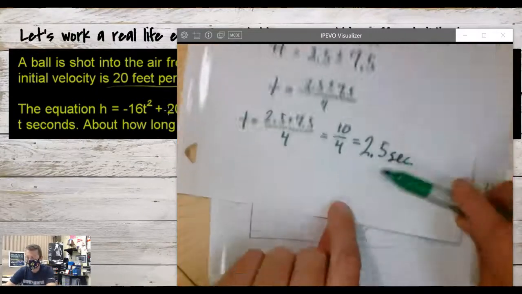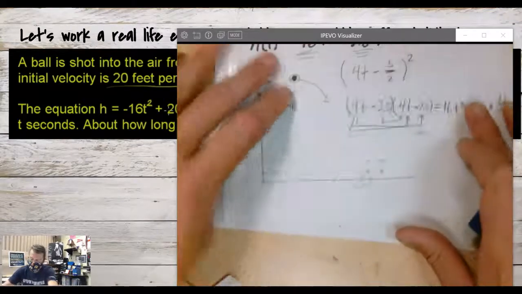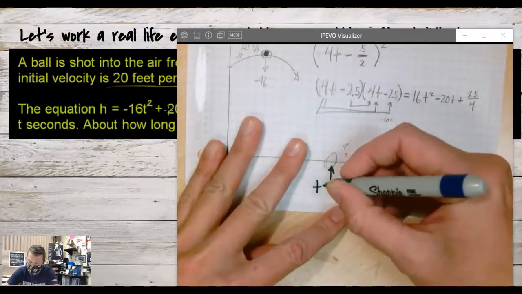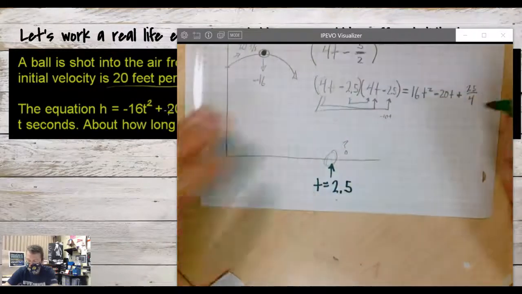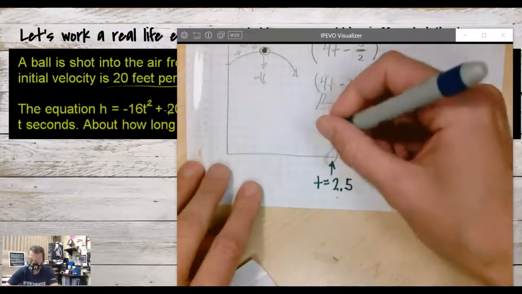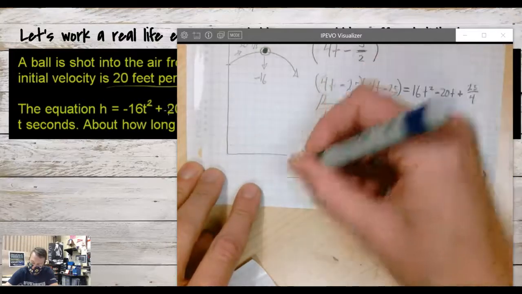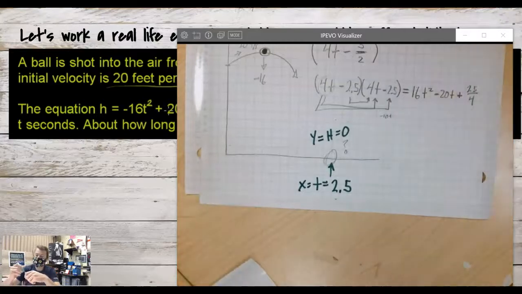If we plug in 2.5 seconds, that should give us a height of 0. X or t, if we're using t in this situation, should equal 2.5 there. And h should equal 0, which is really our y and our x. Any questions on that?